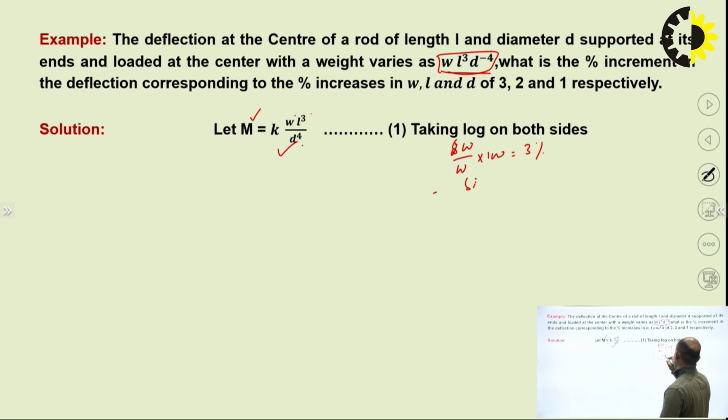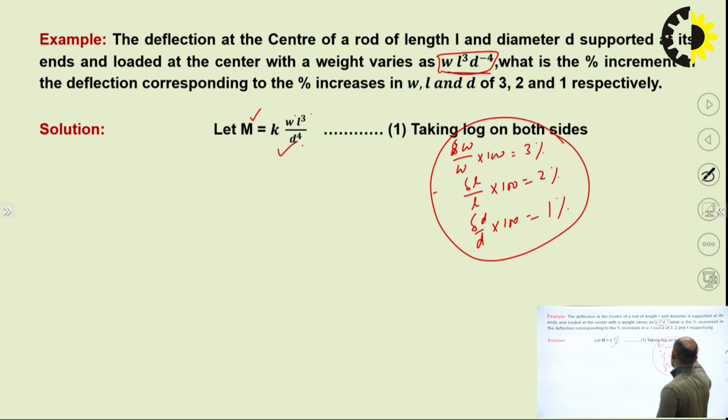Del L upon L into 100, and which is 2%, and del D upon D into 100, and which is 1%. So these are given. Percentage error in W, L and D are given, and these are 3%, 2% and 1% respectively. And now we have to find the error in m.